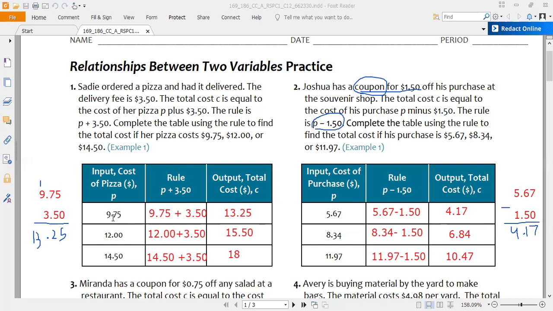If you give 9.75, then the output will be according to this number. So these two variables are related to each other.